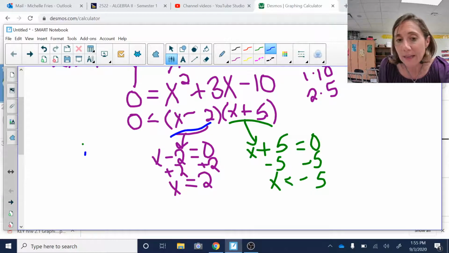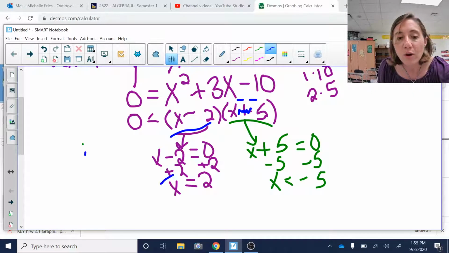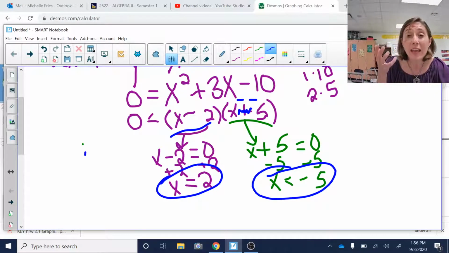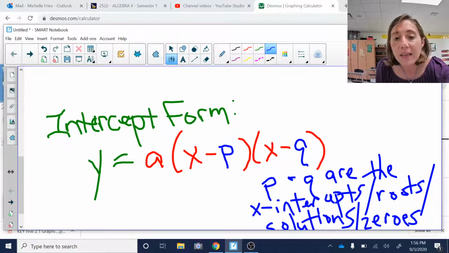It wasn't too bad either on this x plus 5 because you could think about that plus sign as being minus a negative, and then you can see your setup of x minus negative 5. So your two intercepts were 2 and negative 5, and they were fairly apparent in the way that that problem was written. That's why we called it P and Q right here.